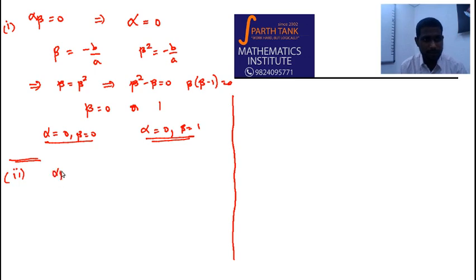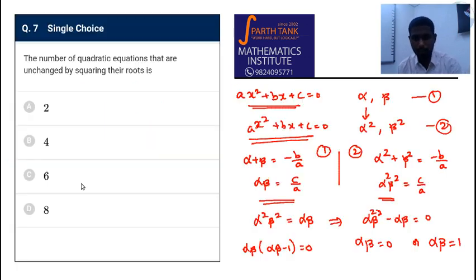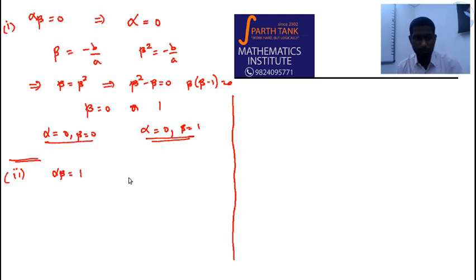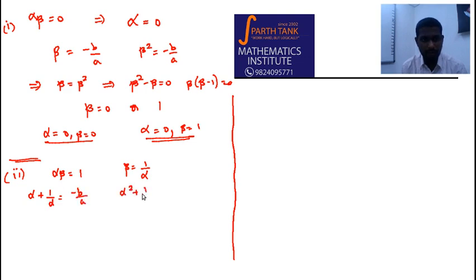The second case is, we said alpha beta is equal to 1, right? In this case, we know that beta, let us say, should be 1 upon alpha. So the first equation says alpha plus 1 by alpha is minus b by a. And the second equation says alpha squared plus 1 by alpha squared is also minus b by a.